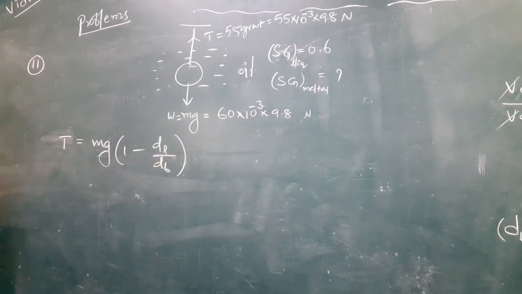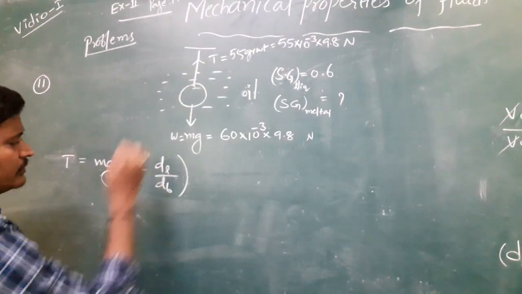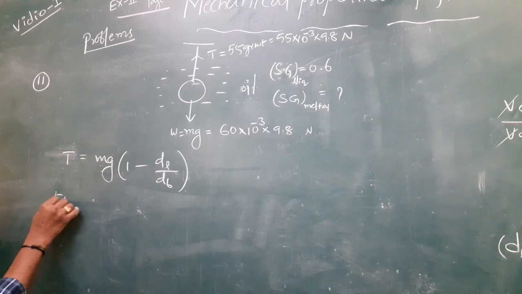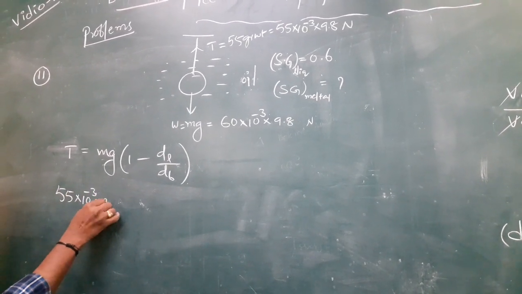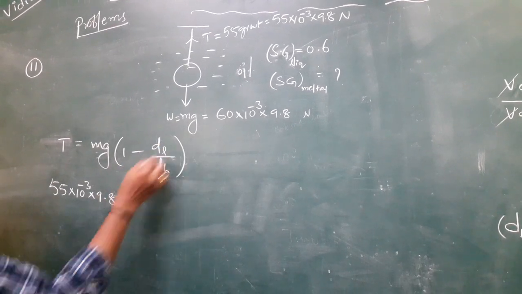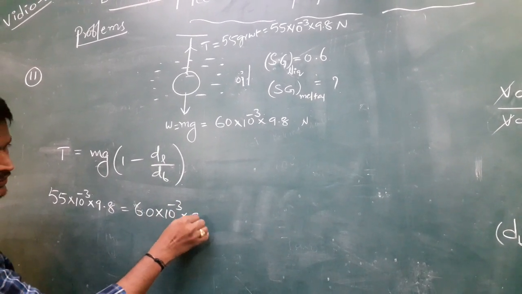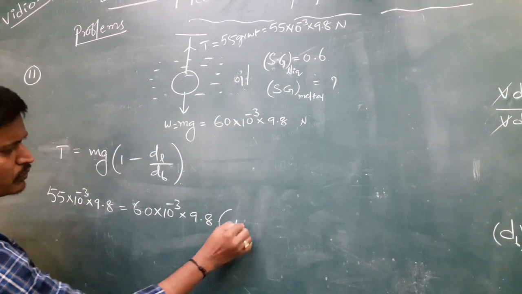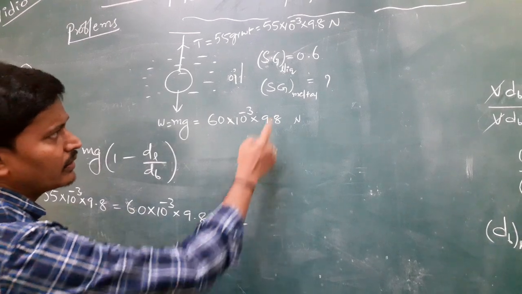So T, the tension, is 55 into 10 power of minus 3 into 9.8, equal to the weight 60 into 10 power of minus 3 into 9.8 times 1 minus the density of the liquid divided by the density of the body.